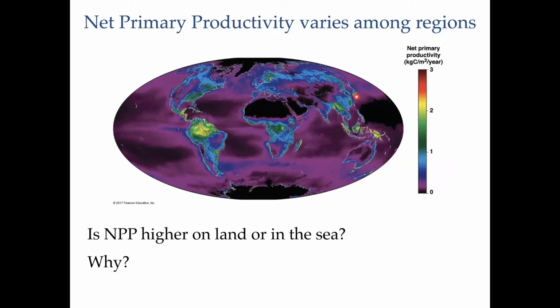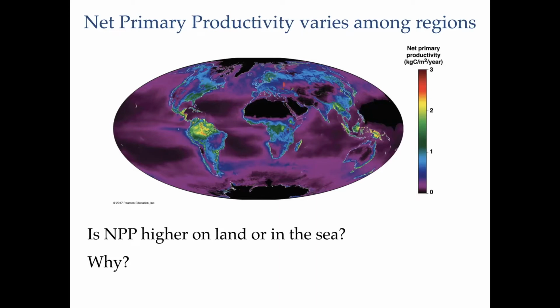How we read this map is that as you move from the black and purplish towards the red, we are increasing the net primary productivity in that place. So yellow, green, and red are the ones that produce more energy and have the highest net primary productivity, while the purple and black ones have the lowest.